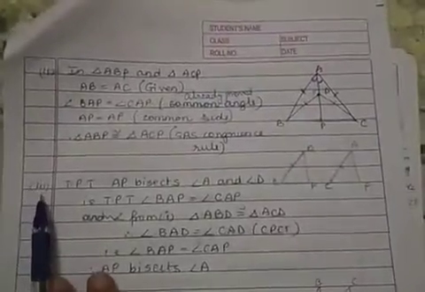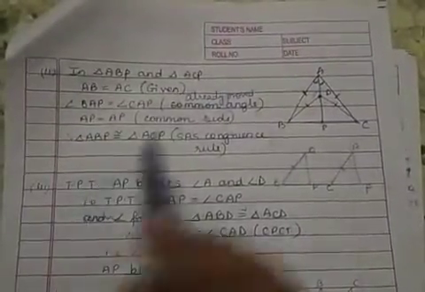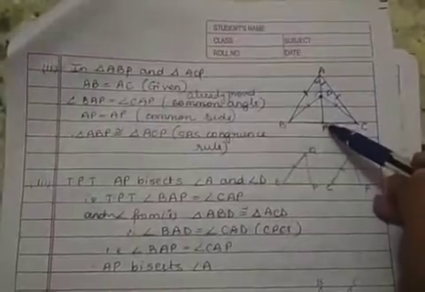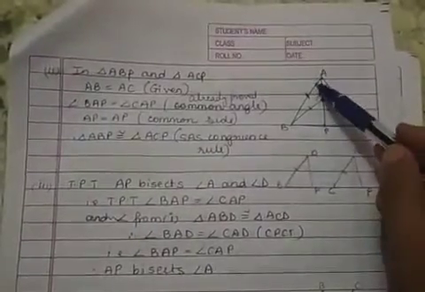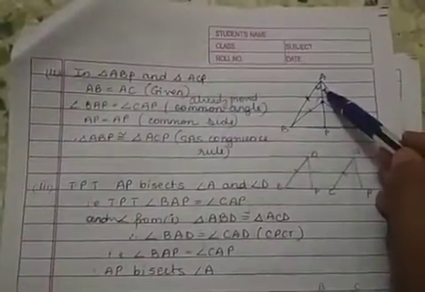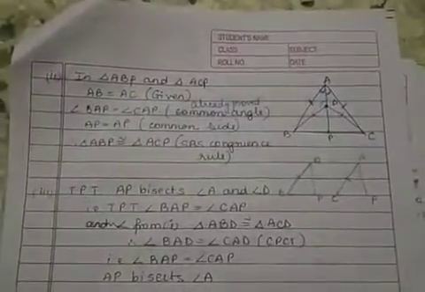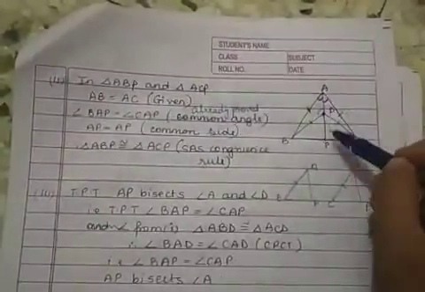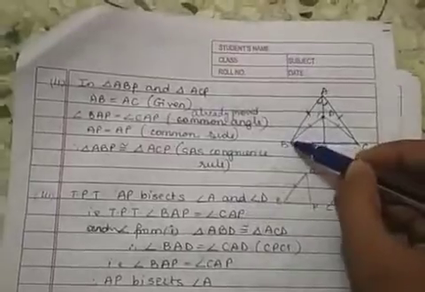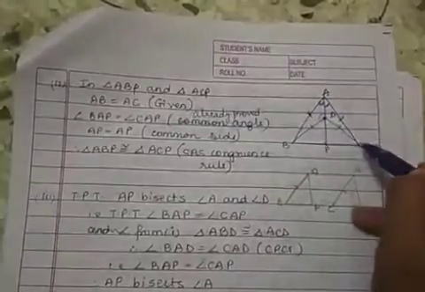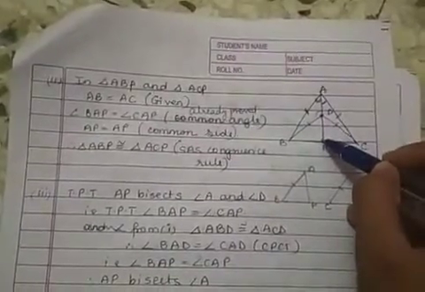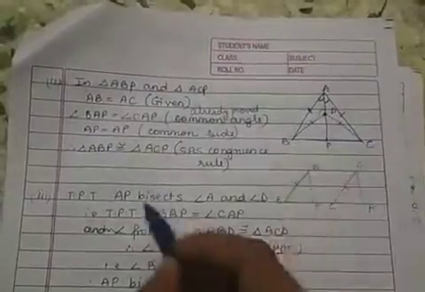Now let us see the third condition. The third condition is we have to prove that AP bisects angle A and angle D. Now AP bisects angle A means angle BAP is equal to angle CAP, correct? We have to prove this in the first case.